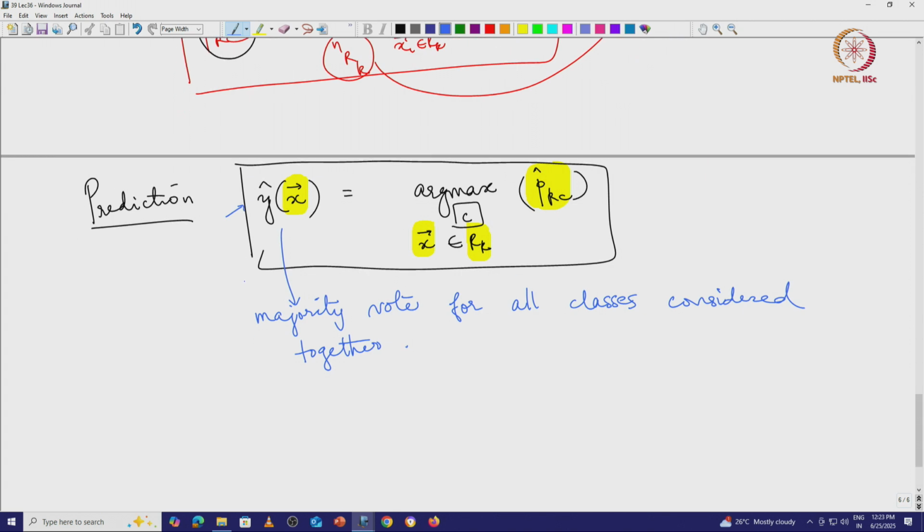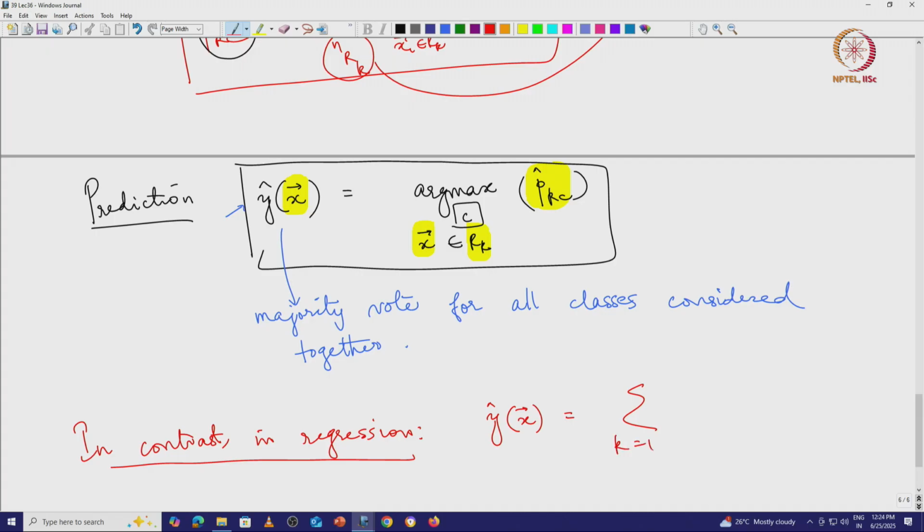So if you wanted to contrast this with regression, in regression we had minimized the sum of squared errors and not the cross entropy loss, and there you got the prediction y hat of a point x as the sum over all the regions of ck hat times I of x belonging to Rk.